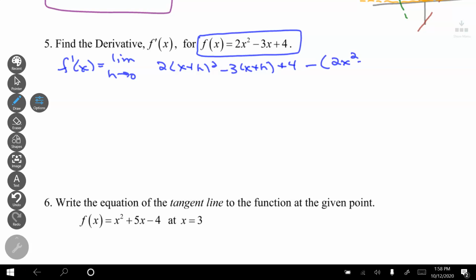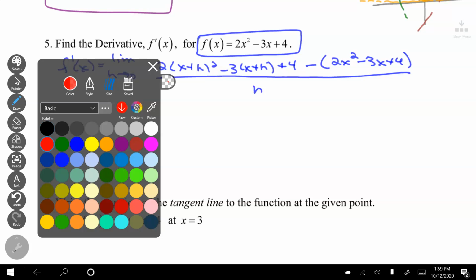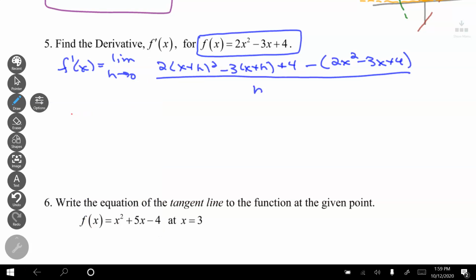So I put it inside parentheses, all over h, equals the limit as h goes to 0. Well, (x plus h) squared we just saw, I multiply by 2, I get 2x squared plus 4xh plus 2h squared. Distribute this negative 3. Distribute this negative.